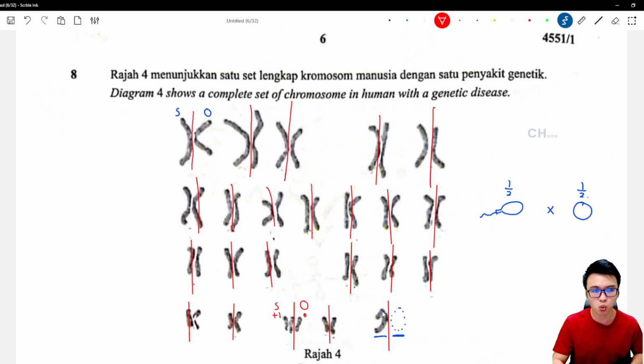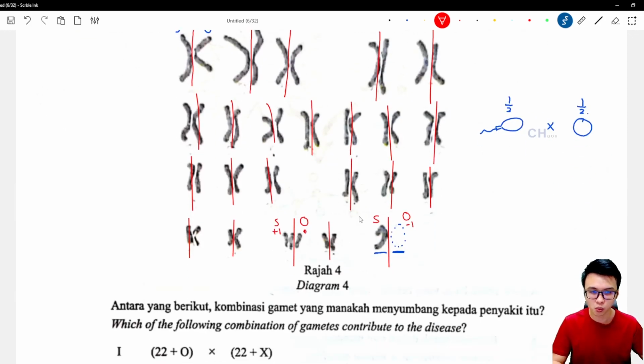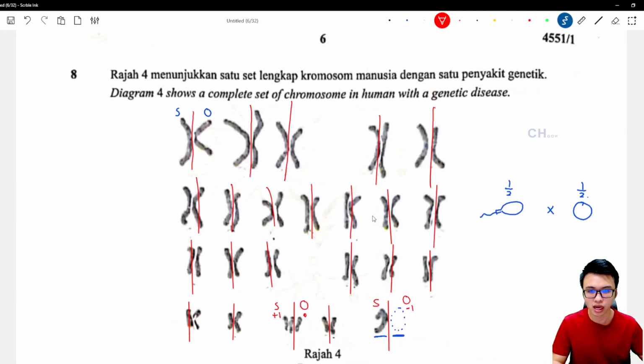So it means that one of the gametes should carry no sex chromosome. Let's make it this way: the sperm is carrying 1 X chromosome, but the ovum doesn't carry any sex chromosome, so the ovum minus 1.